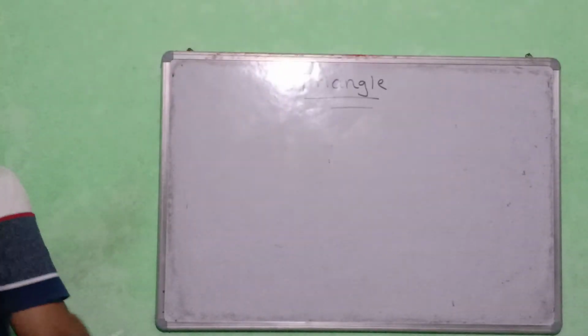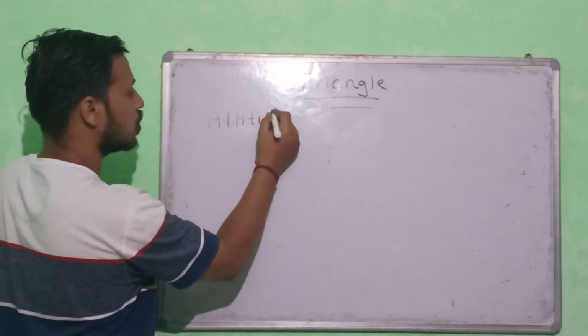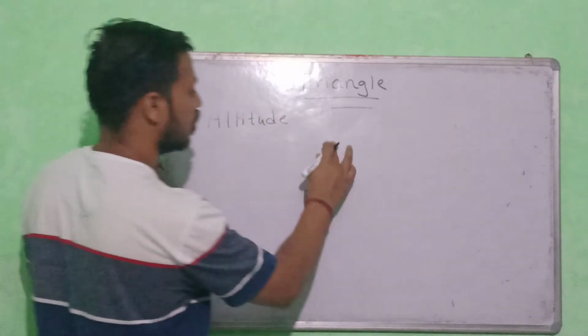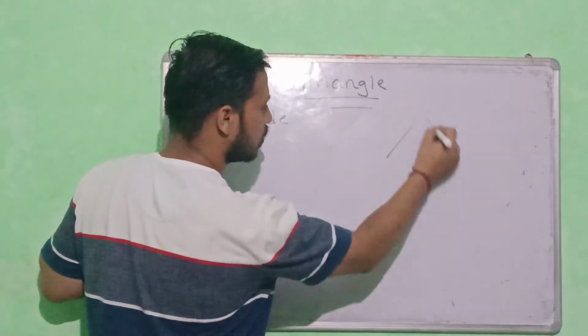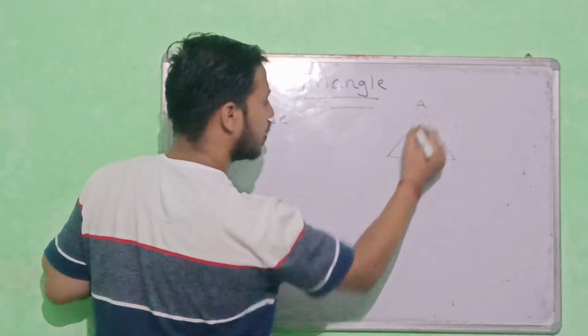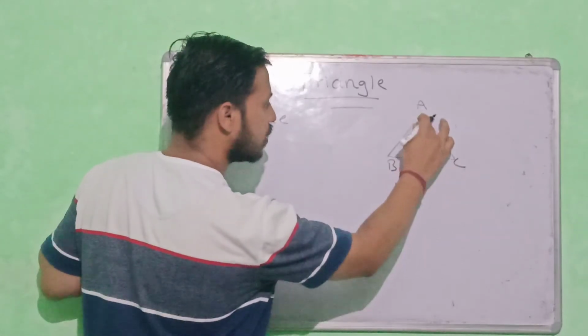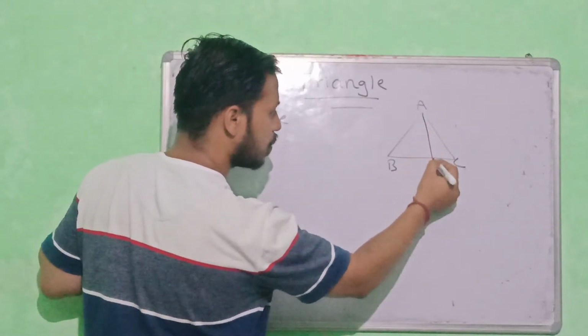Next we will talk about altitude. In triangle ABC, an altitude is a perpendicular line, like this. You can draw it perpendicular.